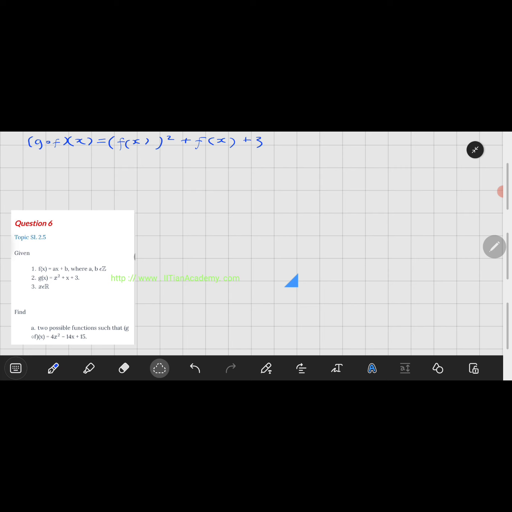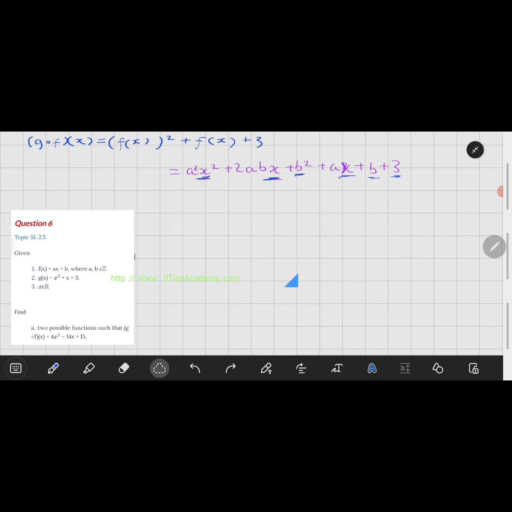Then when we substitute our function f(x), which is equal to ax plus b, after expanding and simplifying, we should get a squared x squared plus 2abx plus b squared plus ax plus b plus 3.